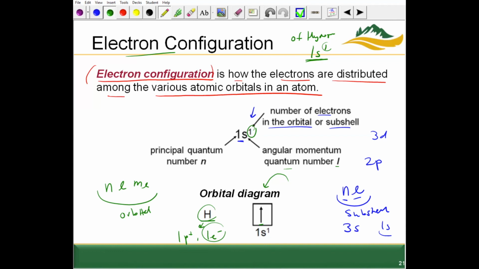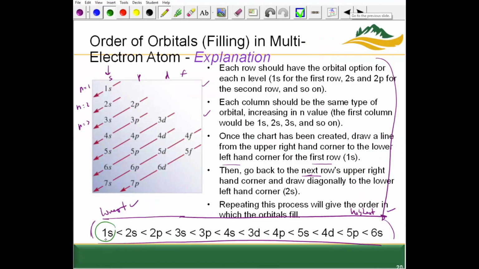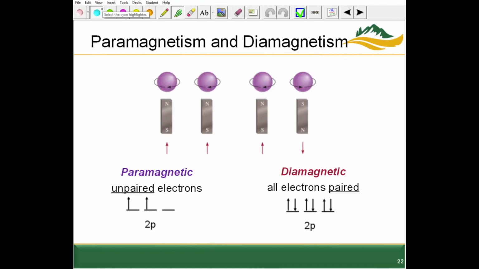Based on how many electrons there are, we can fill in these energy diagrams, again, from the lowest energy up to the highest energy, until we run out of electrons to put into an energy diagram like this. Now, like we saw from Hund's rule, we're only going to pair up electrons if we need to within each orbital. If we don't have enough electrons to pair up like this, we're going to spread out the electrons so that they are unpaired. We'll only pair them up if we have to.